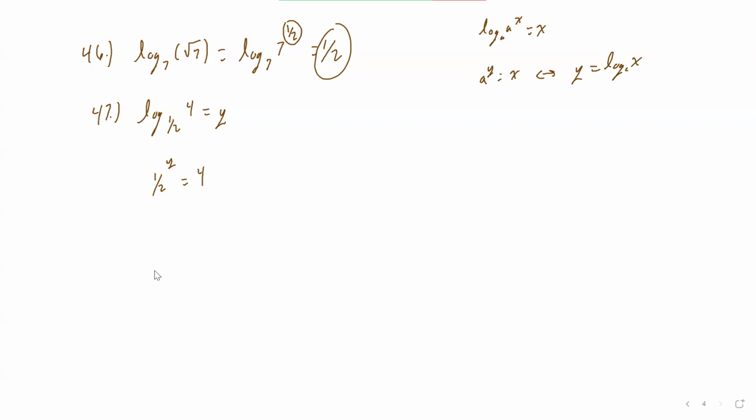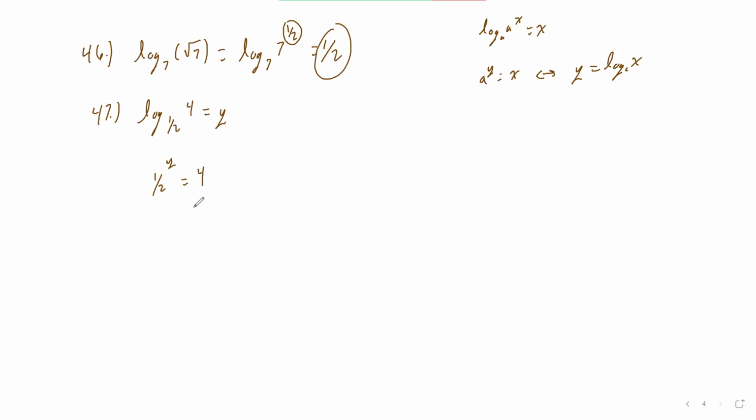Well, if y is negative, I can say this is 2 to the negative y, because I can flip the fraction. And if I square this, I'll get 4. So now I get 2 to the negative 2y equals 4. Maybe I went in the opposite direction. I did. Hold on.